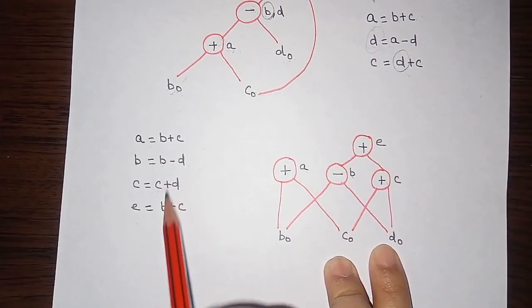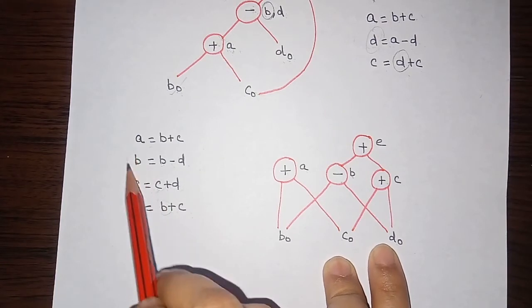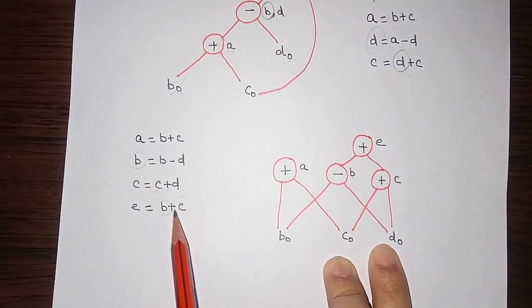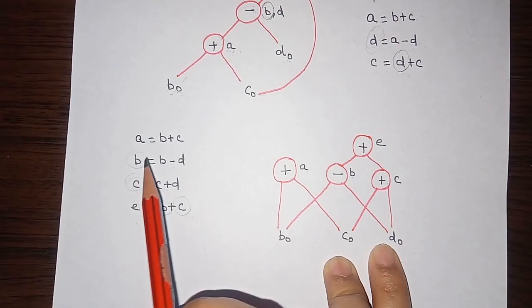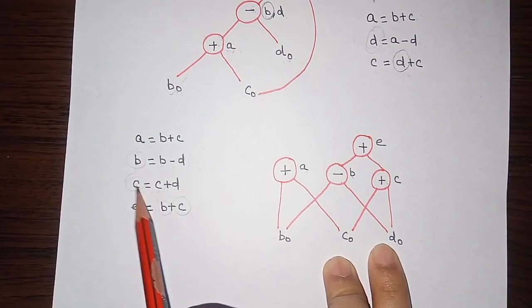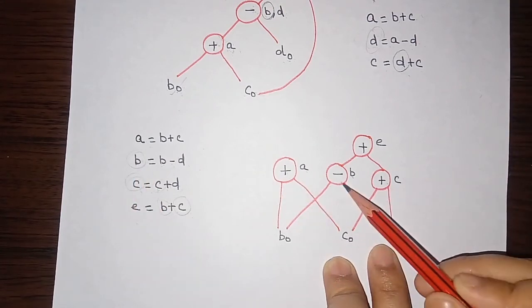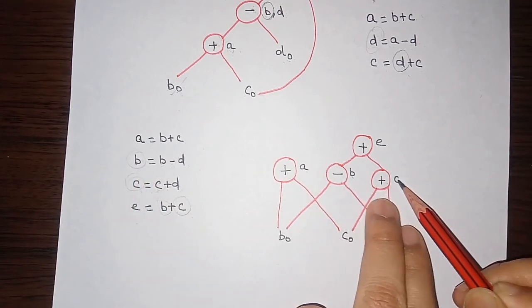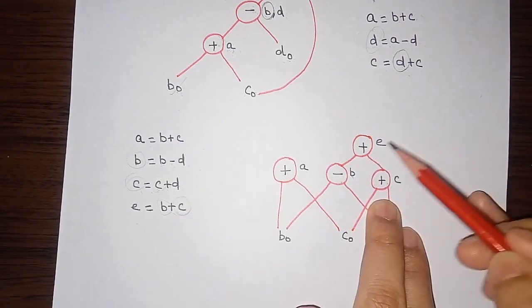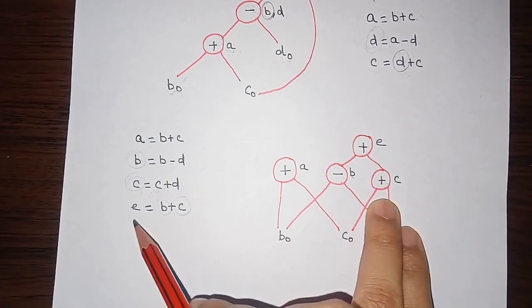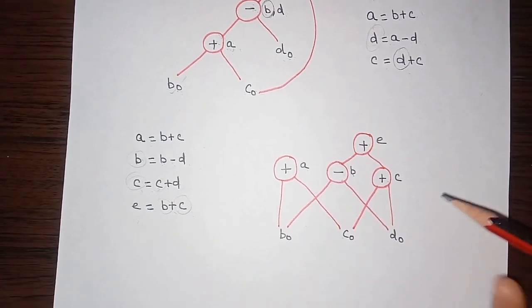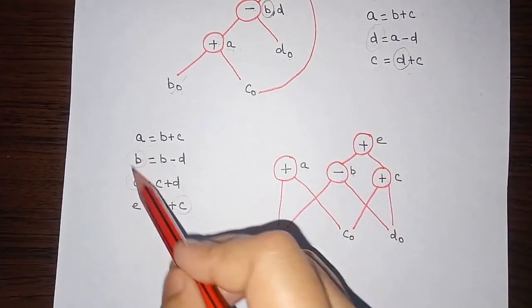So in a previous statement, we changed the value of b from here and we updated the value of c from here. So now we have to take b and c from here. We should not consider the initial values. Instead, we are taking b and c from here. So taking b and c and then performing addition on b and c, and the result will be stored in e. So this is the DAG representation for this given statement.